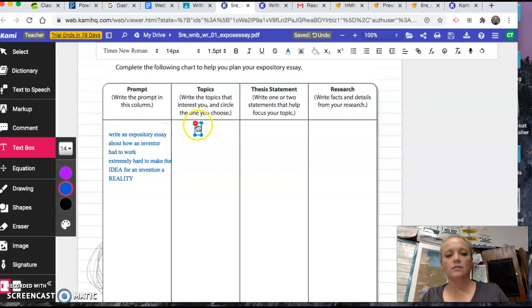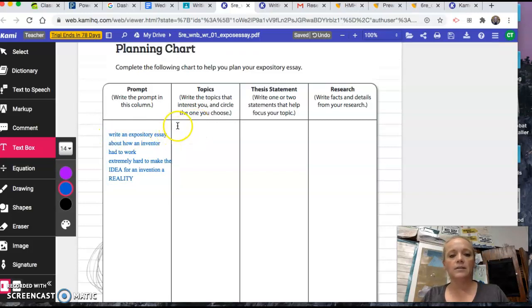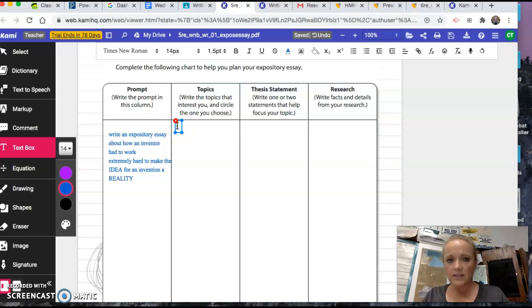Then you're also going to fill in this topics side. It says write the topics that interest you and circle the one you chose. So yesterday I asked you to come up with 3 topics that you might want to write about. That's all you put in that box. And then I want you to circle the one that you choose to write about.